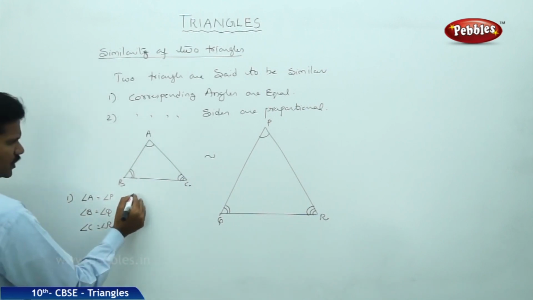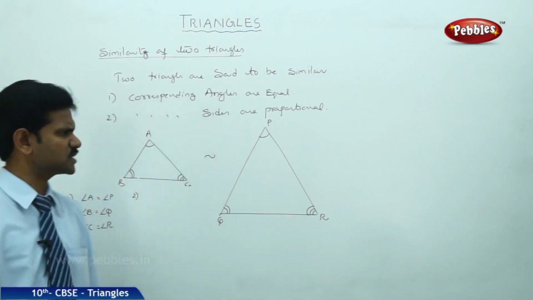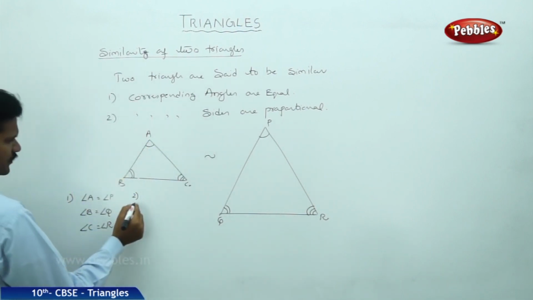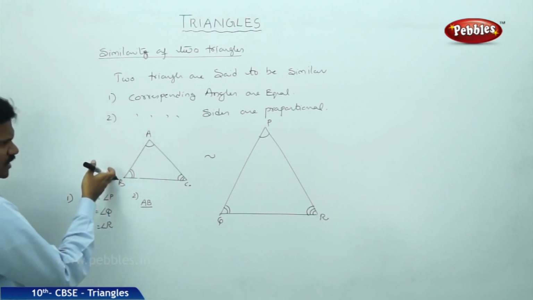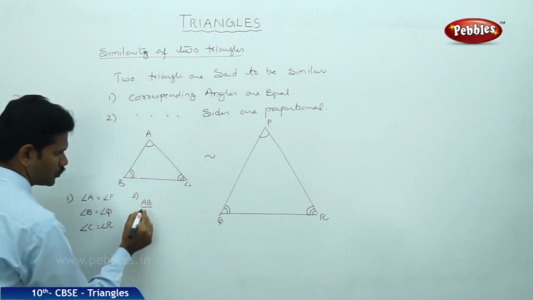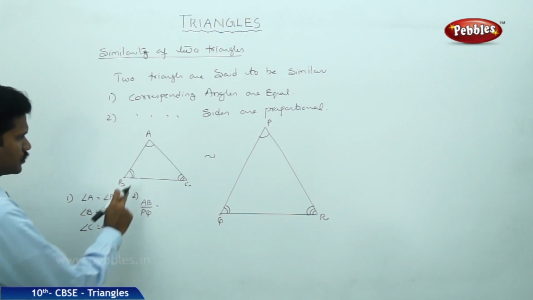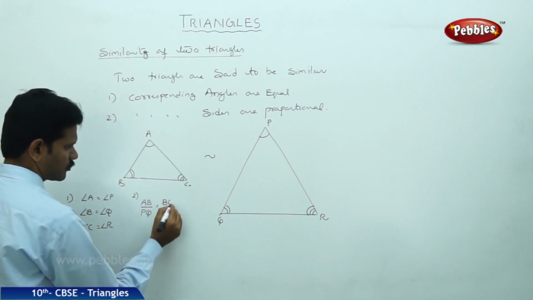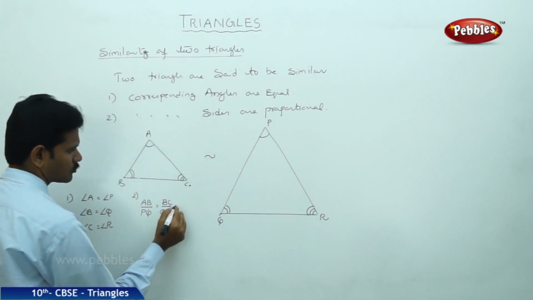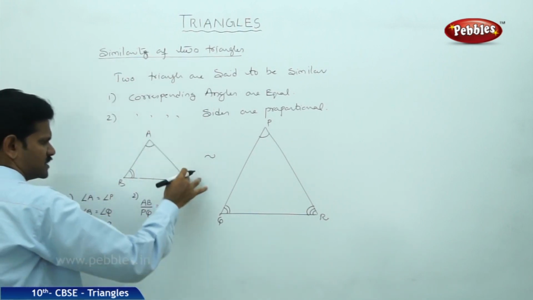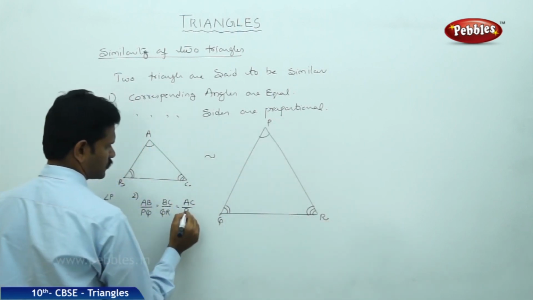Number 2, corresponding sides are proportional. What is meant by corresponding sides? The corresponding side of AB is PQ, so AB by PQ is equal to BC by QR equal to AC by PR.